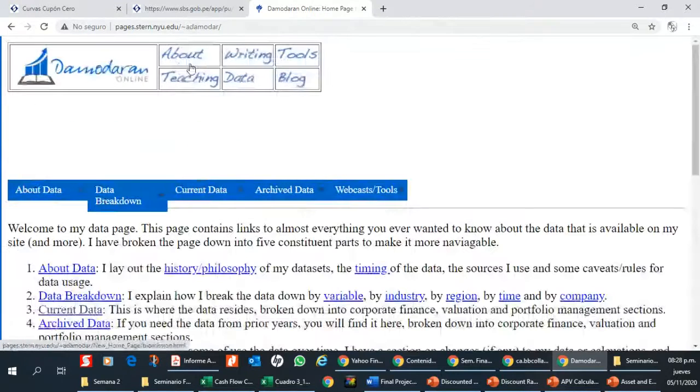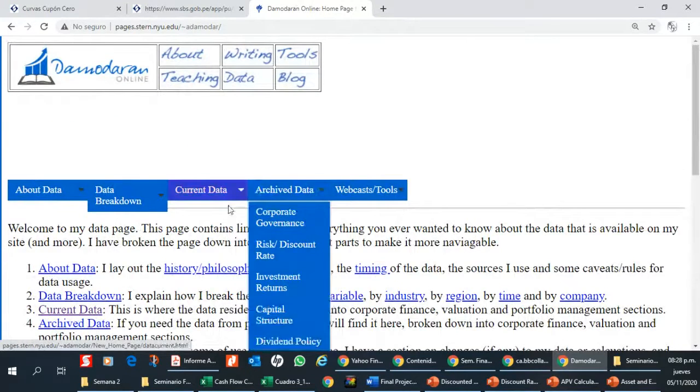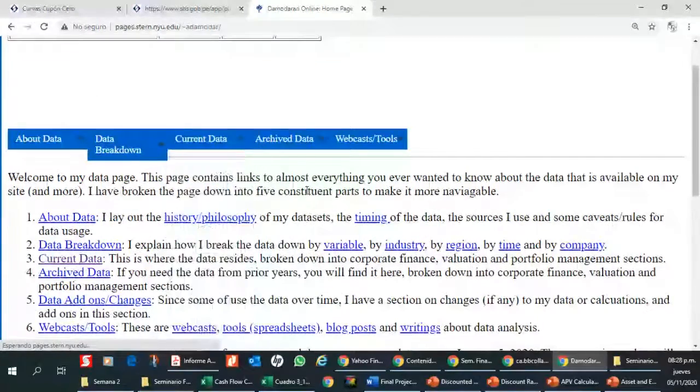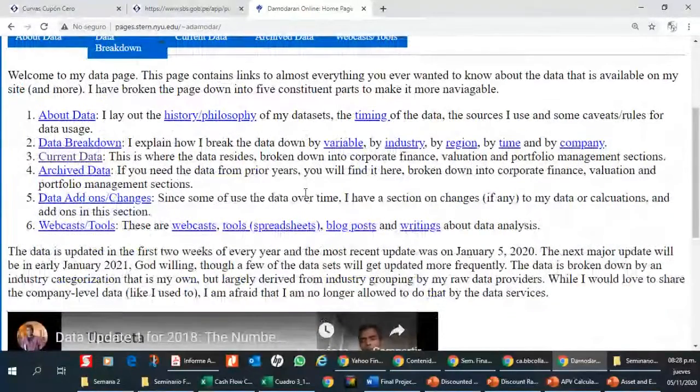The thing I wanted to touch base on is data, because one of the things he does to help practitioners and other professors is compile data from the United States, and he calculates betas for several industries in the United States and other countries. He probably has research assistants who help him calculate the different betas and information presented here.